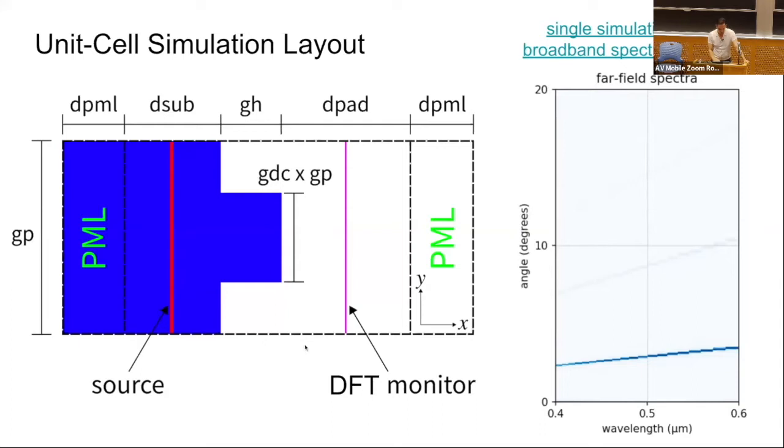And what we're going to do is compute the transmitted orders by placing a monitor in air just outside of the grating, okay, as you can see here, labeled by this line, okay? And we're also going to compute the reflected orders. This grating generates both the transmitted orders into air, but it also generates reflected orders back into the glass, okay?